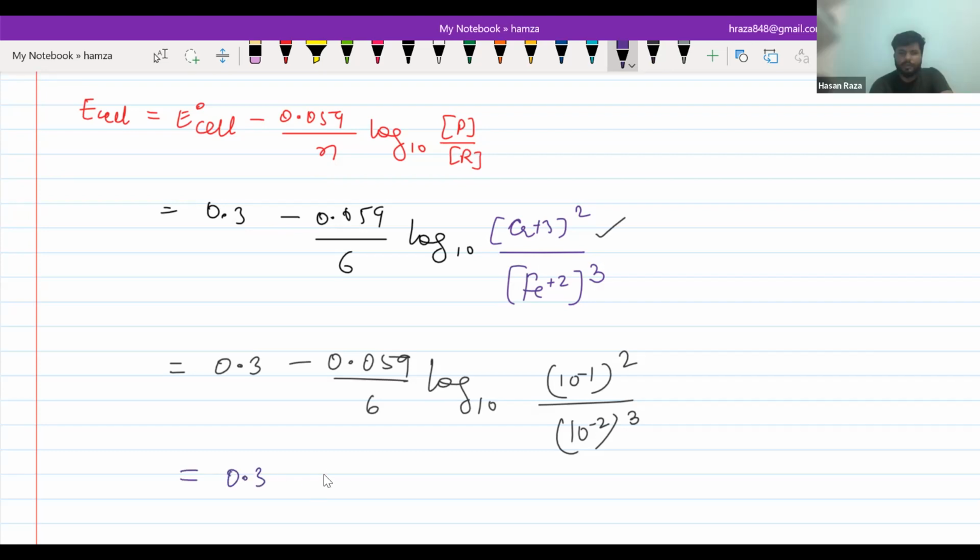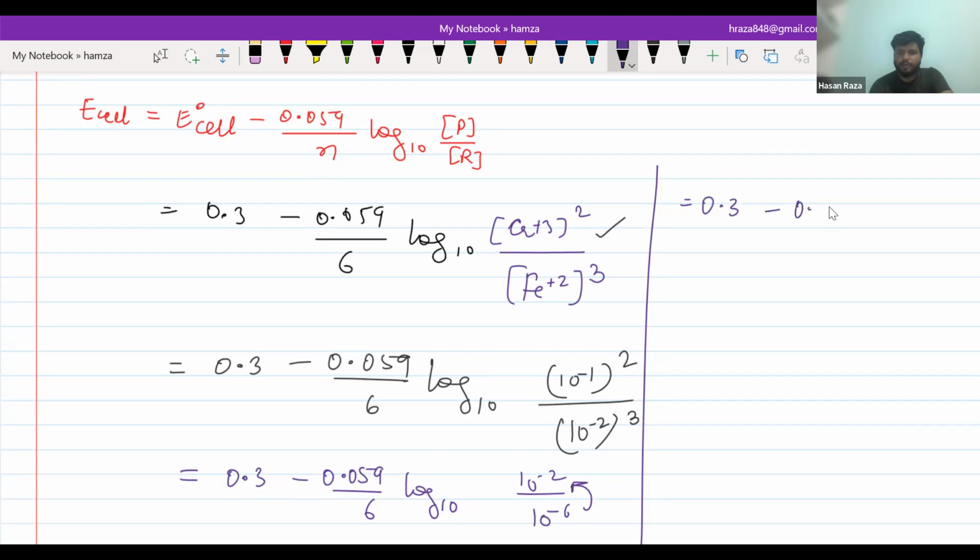You can see 0.3 minus 0.059 upon 6 log to the base 10, and this will be 10 raised to the power minus 2, and this will be 10 raised to the power minus 6. After going to the numerator, it will be 0.3 minus 0.059 upon 6 and log to the base 10, and it will be 10 raised to the power plus 4.